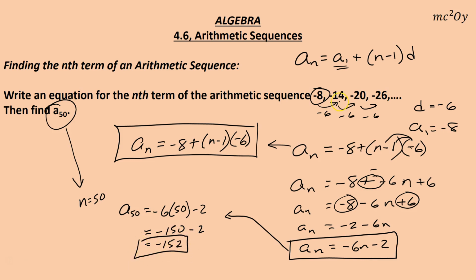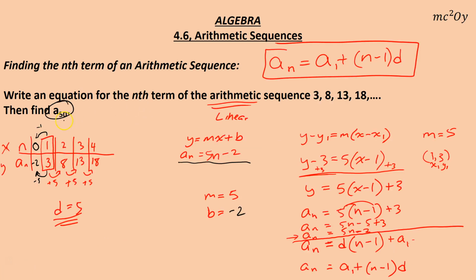That would be tough. I'd have to carry this out 50 times to figure it out. I mean, I could just keep writing the pattern. That'd be brutal. A sub 50 equals -152, and you should really write that as a sub 50 equals -152. All right. And so on that previous one, a sub 50 here, well, I've got my slope-intercept. Let's go ahead and figure it out.